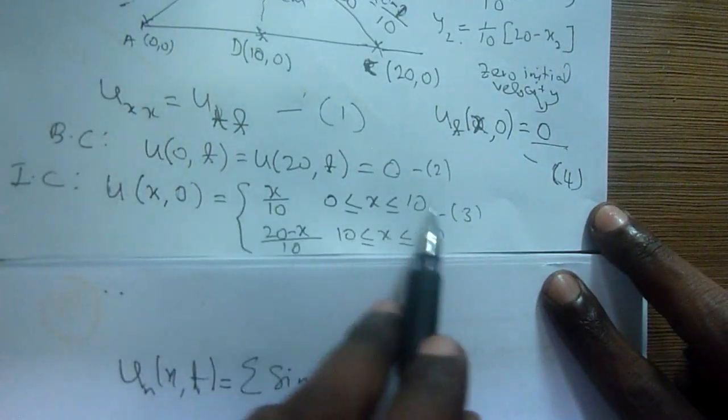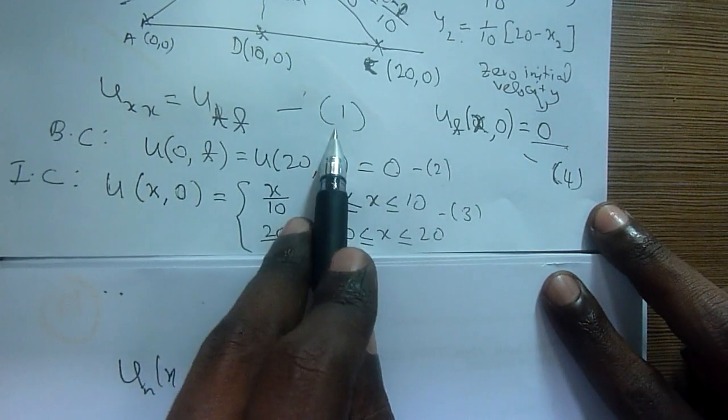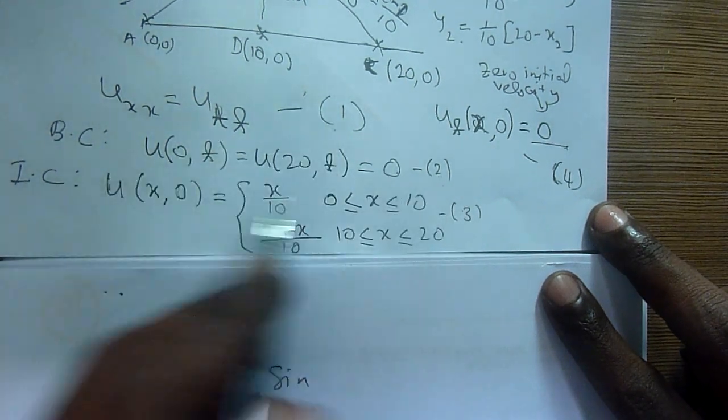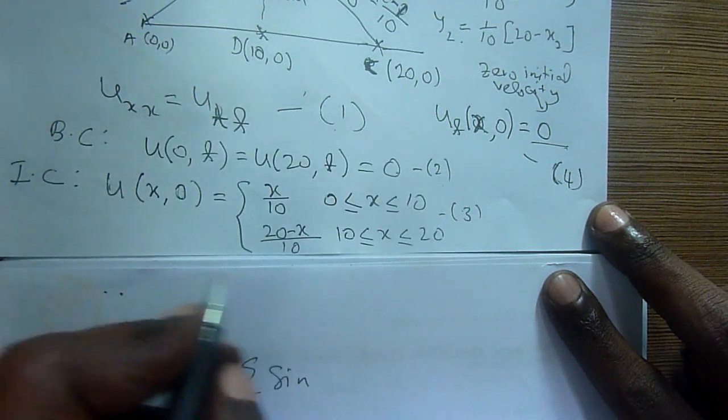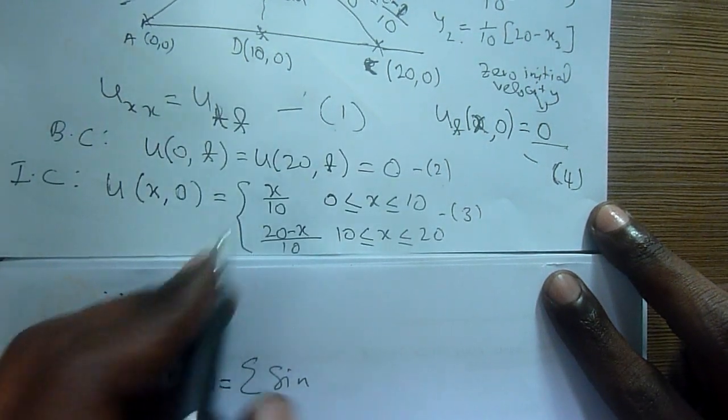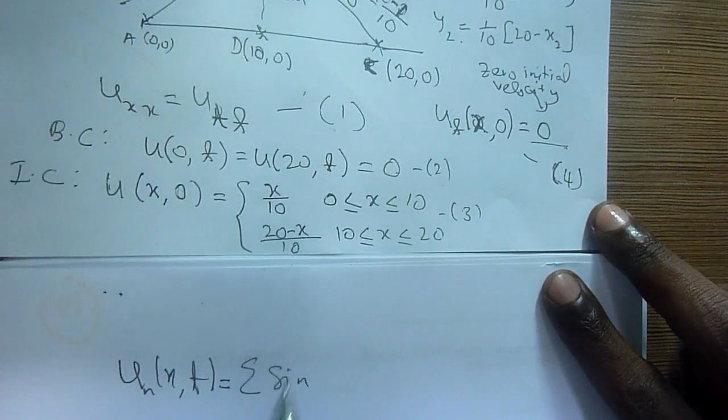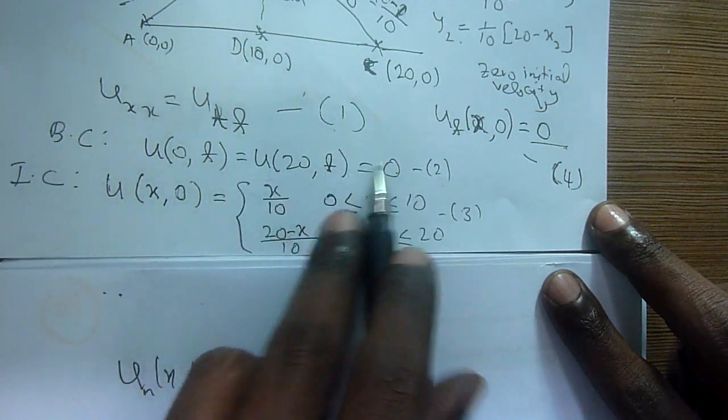From 2, placing 2 in 1, when I place that, another equation must be there. This is the standard equation, right? You can settle with the equation here.